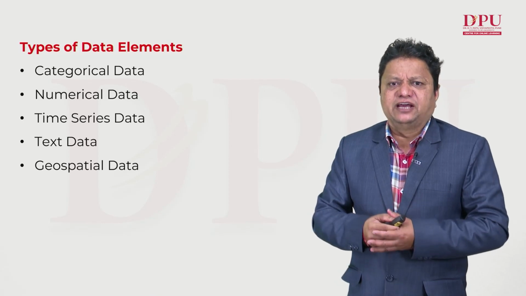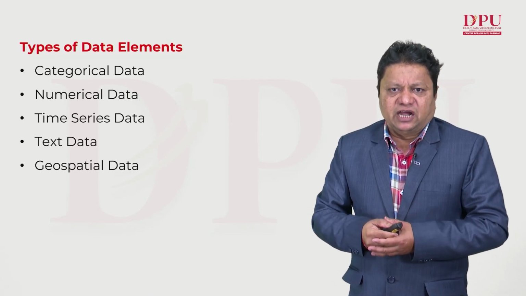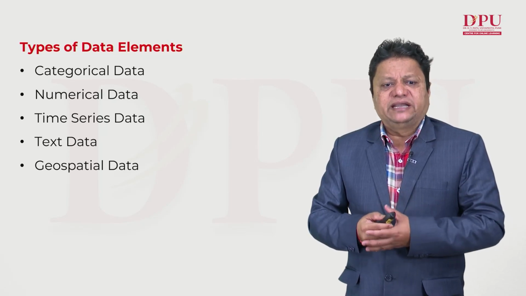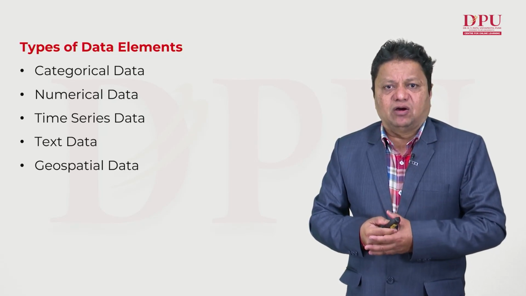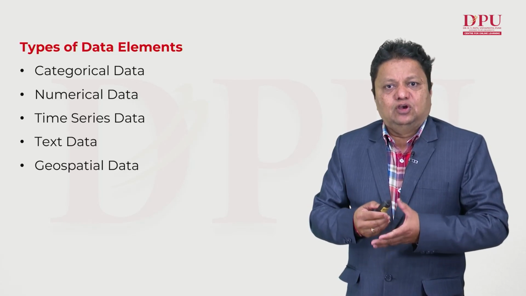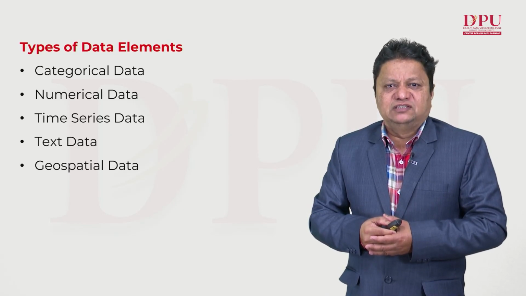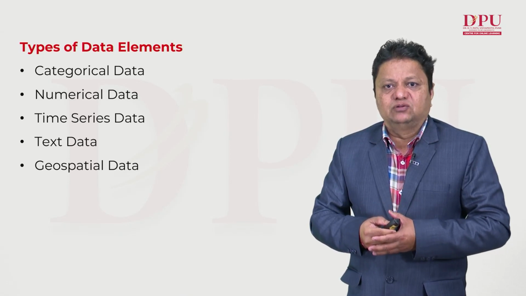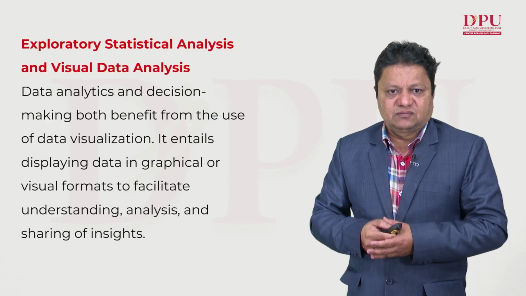So, these are the different categories of data. It can be categorical, numerical, simple text data, time series data, or geospatial data, the data which is related to the earth surface.